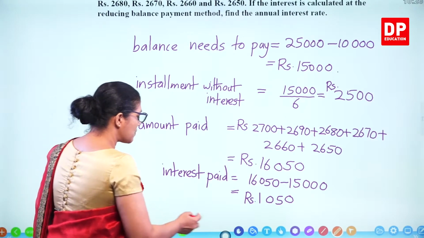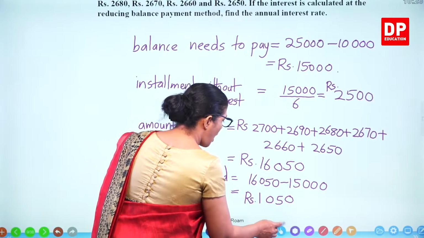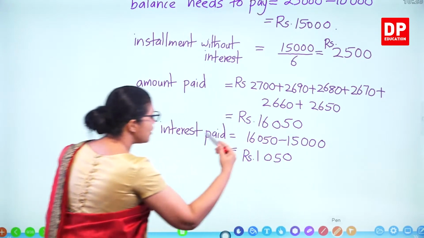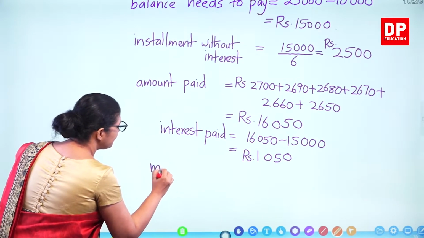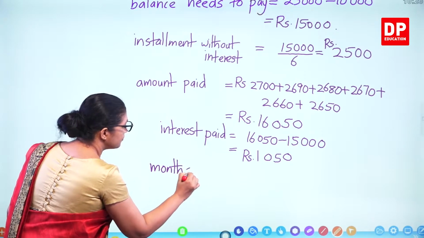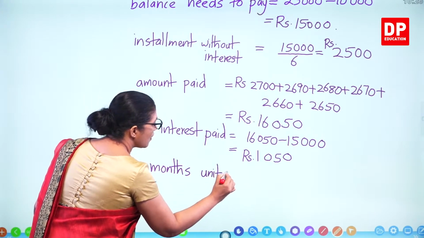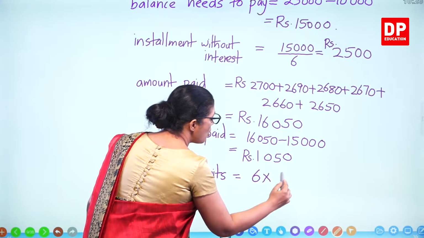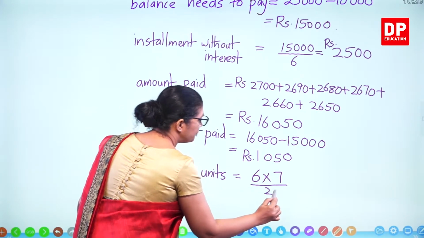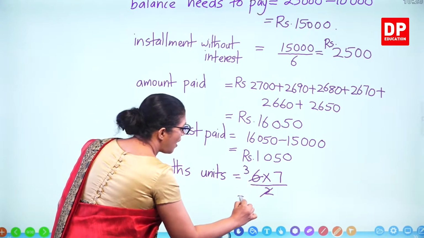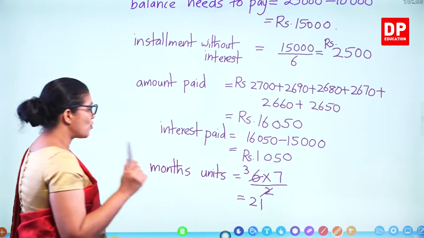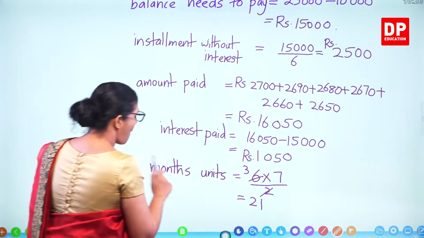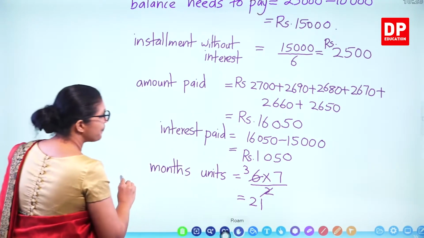6 installments means you can find out how many months units paid. This is reducing balance method. So 6 is the installment, 6 into 7 over 2, 21 months units. So we can find out what's the interest per month unit.